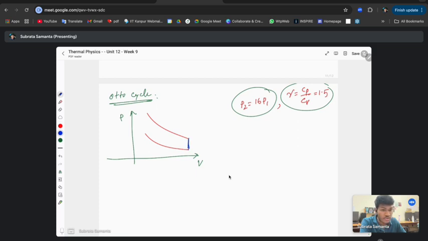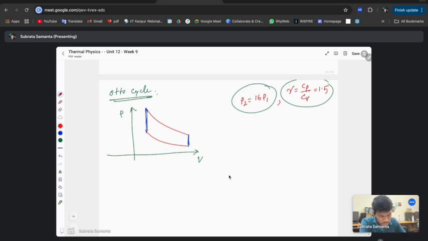Isochoric means volume constant. So this is adiabatic, and this one is isochoric.